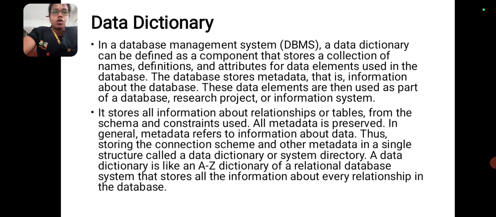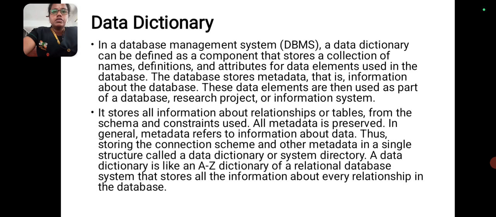In a database, all information about the relationships or tables, the schema and the constraints used is stored. In the metadata, we preserve all that schema and those constraints. Metadata is also referred to as information about the information in the database. So storing the database is a connection between the schema and the other database in a single structure. So it is called a data dictionary.